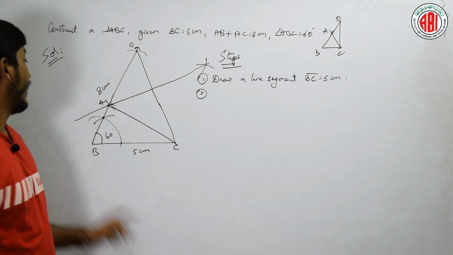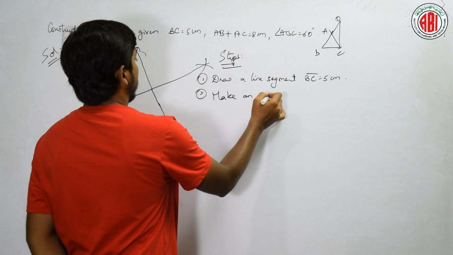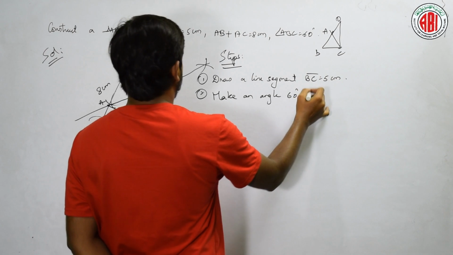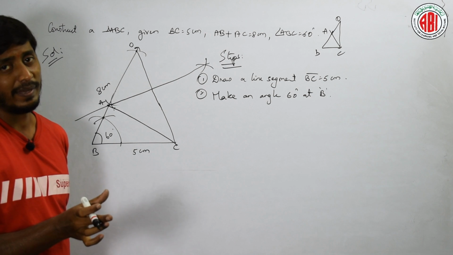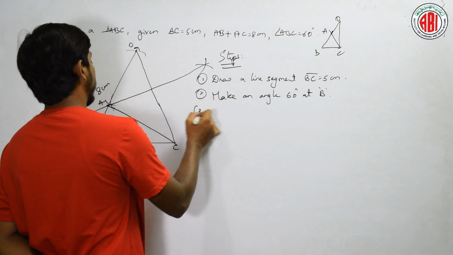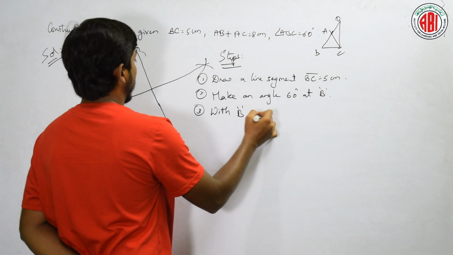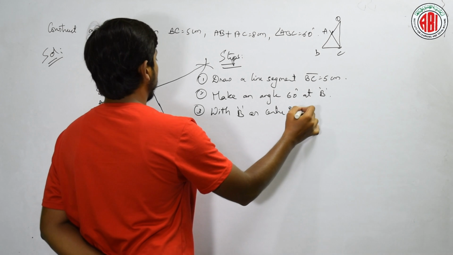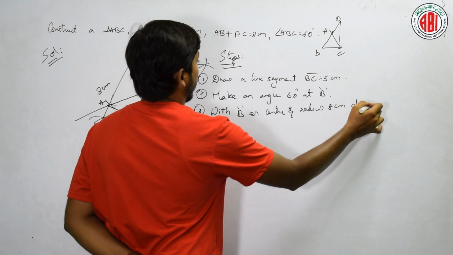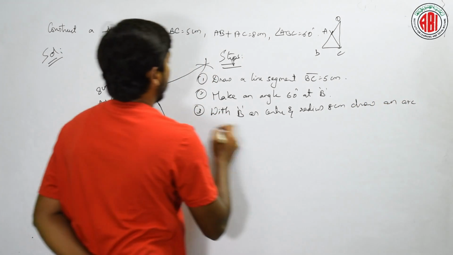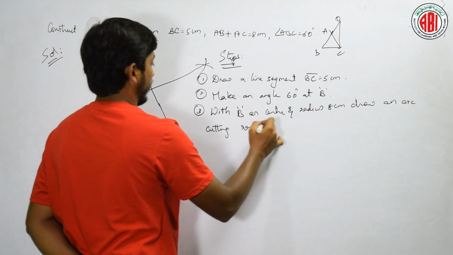Next, make an angle of 60 degrees at B using ruler and compass. Next, third step, with B as center and radius 8 centimeters, draw an arc cutting ray OB.